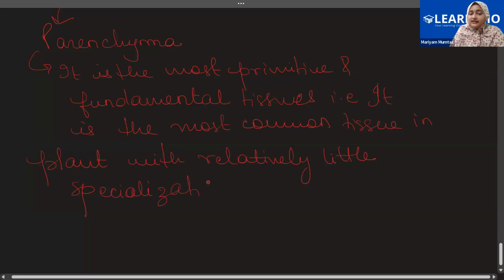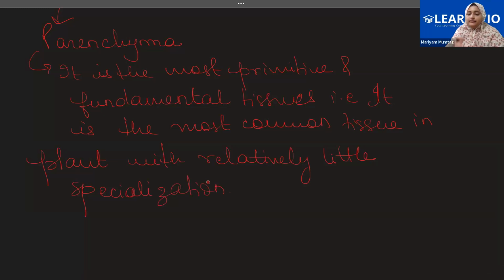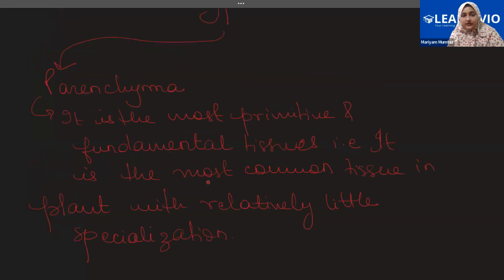So it has relatively little specialization. Any doubts up until now? No. All right. First, you people note it down.